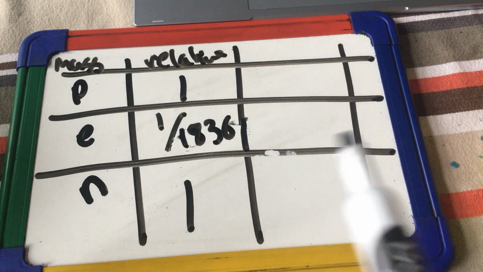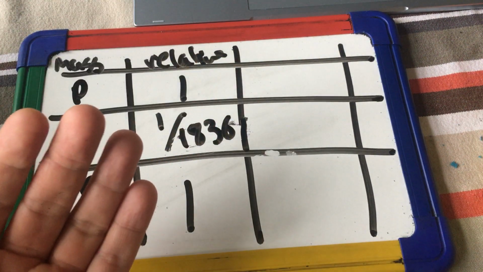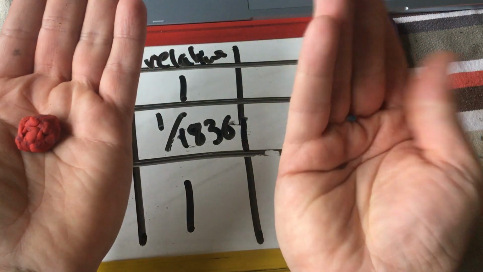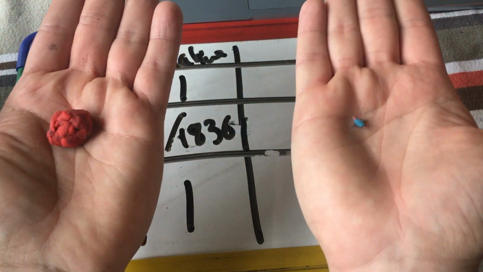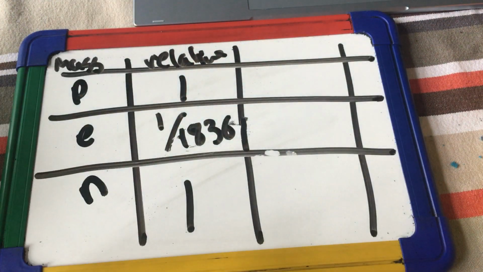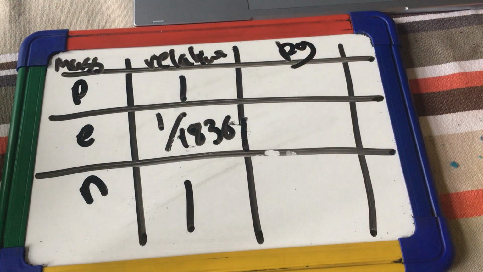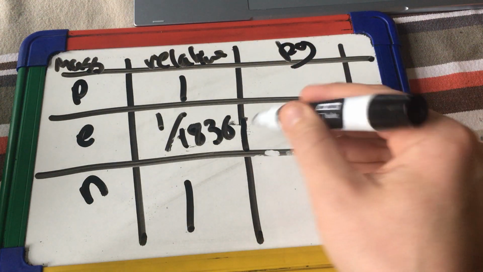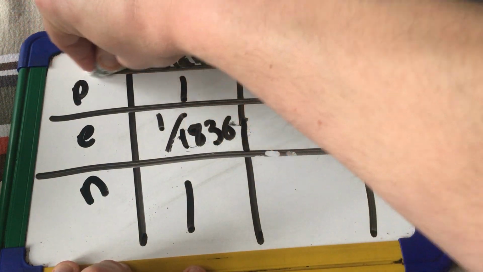So that means if you could weigh one proton, let's make protons red, you would need 1,836 electrons to have the same mass as a proton. Okay? Now I wonder what that is in kilograms. It's obviously very small. You could research that and tell me what the mass of a proton is, the mass of an electron is, the mass of a neutron is. Okay, I like that. That's good.